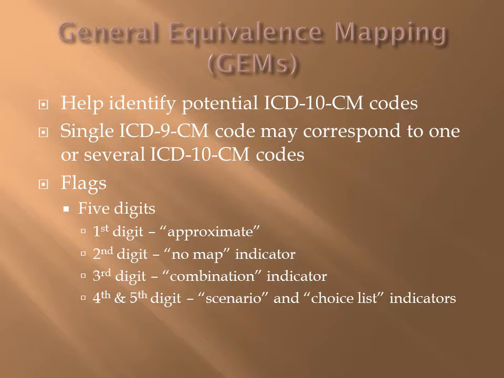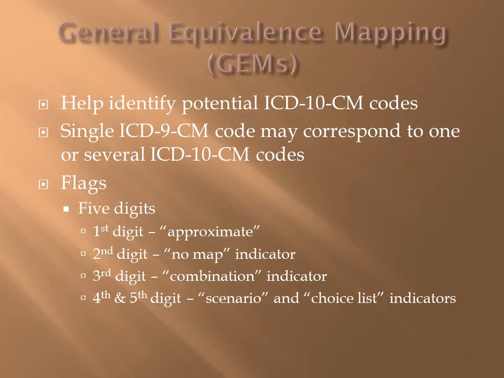Now, they also include flags. The flag will provide information to assist in converting from one system to another. They consist of 5 digits. The first is the approximate flag of either 0 or 1. 0 indicates the direct match between the coding systems, and 1 indicates that the code in the first system maps to more than one code in the other system.